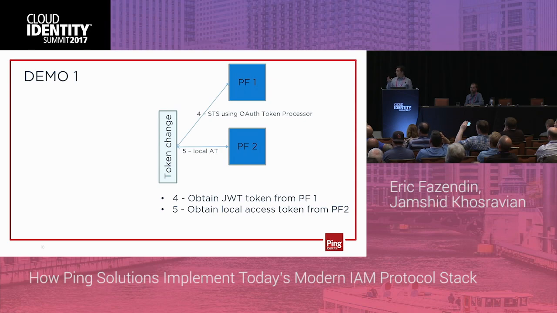And then we use that JWT to make a JWT authorization grant type call to the token endpoint on PingFederate 2 and receive a local access token that can be used on behalf of the user against the services that are protected with that token that connect to PingFederate 2.